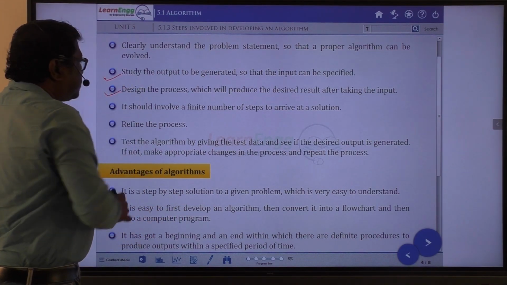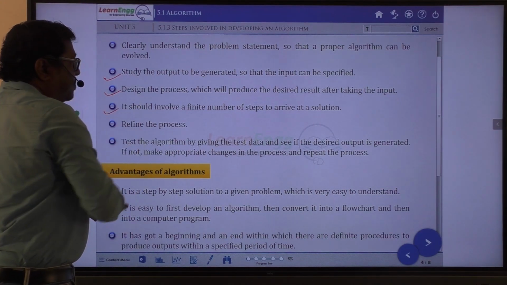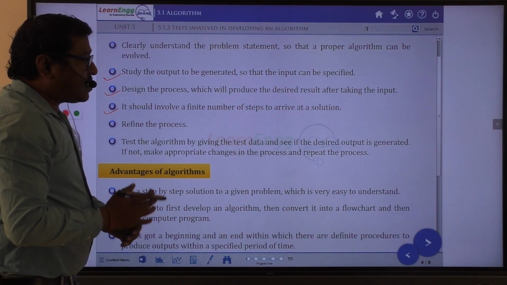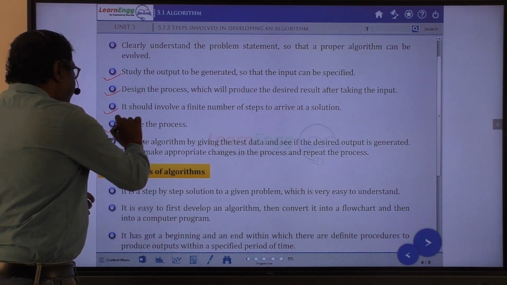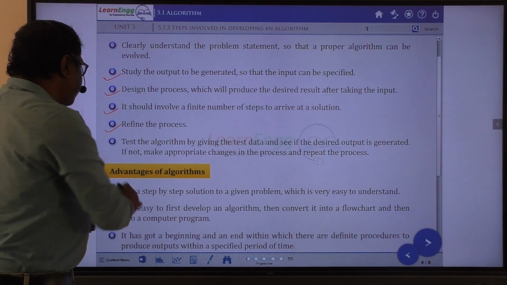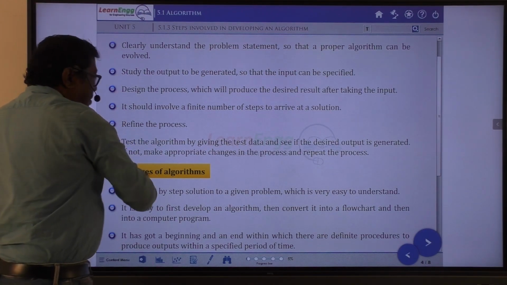Then we have to understand the design process, how to write an algorithm. It should involve a finite number of steps to arrive at a solution. How many steps you take, you have to decide. Then you have to refine the process so anyone can understand, then study and test the algorithm.